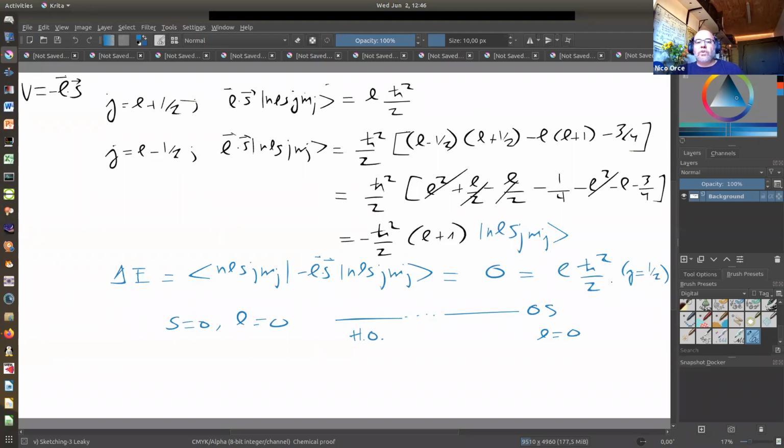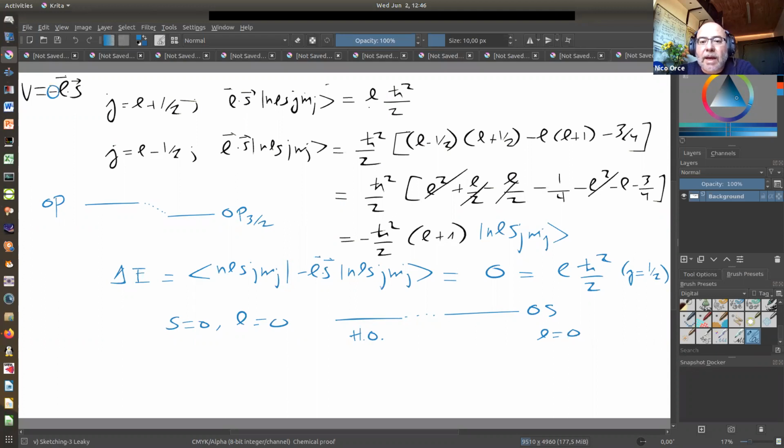Okay, so now we can apply this, and let's apply it to p. Let's apply it here to the 0p and see what happens. So for the 0p, we will have l is equal to 1, right? So then there will be a change, there will be a delta E. There will be a change which will be given here by 0p 3/2, which will be 1 plus 1/2. Remember that there's a negative sign here.